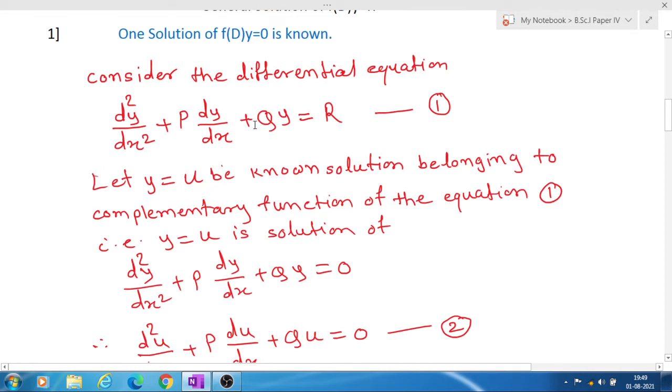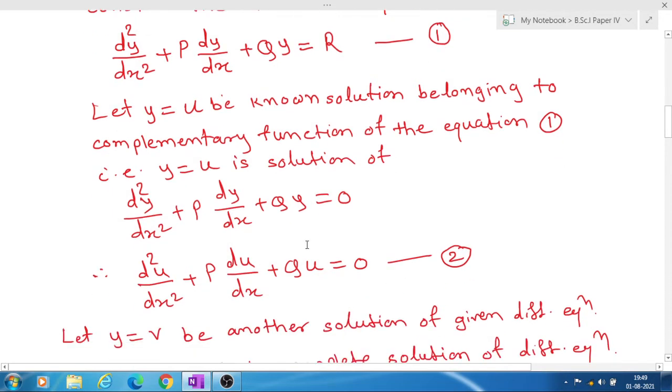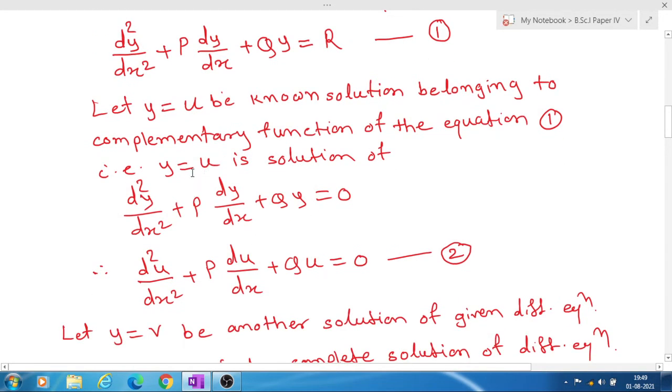So let us consider that we know the solution of this complementary function. That is, the solution of this f(D)y is equal to 0, and consider that that solution is nothing but u. So y is equal to u is our known solution belonging to the complementary function.